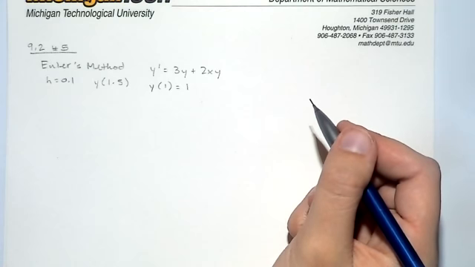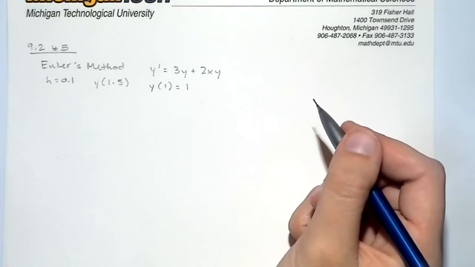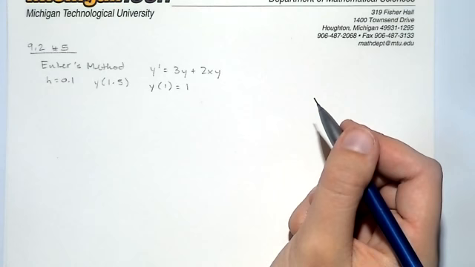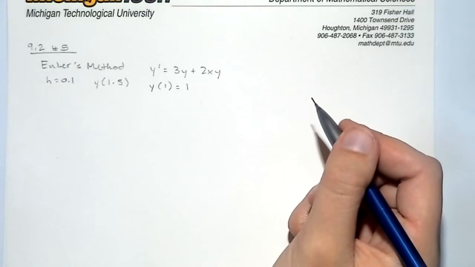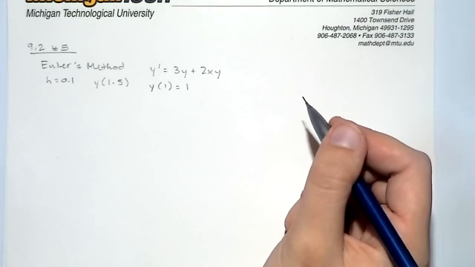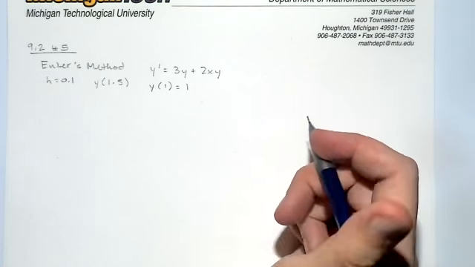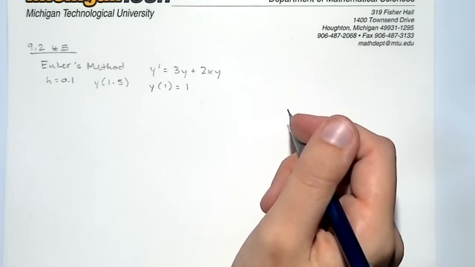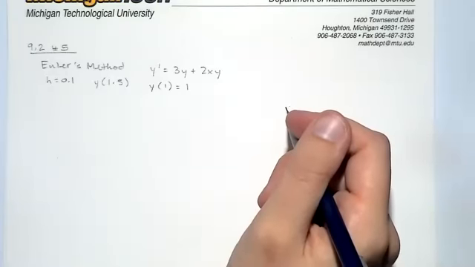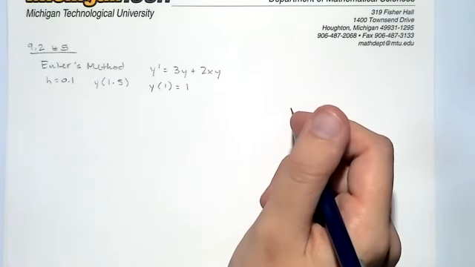They'll probably just want you to stick to a single decimal, if that. Generally on an exam, they're going to give you numbers that are easy to compute in your head. WebAssign does not do that. WebAssign is going to give you numbers that you're going to need a calculator for. So use a calculator on this homework. It's going to save you a lot of time and a lot of mathematical errors that aren't even errors, you just rounded the problem.